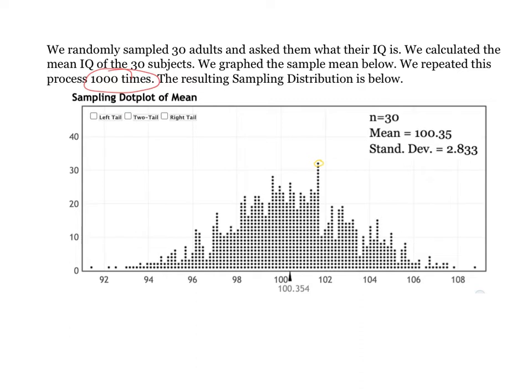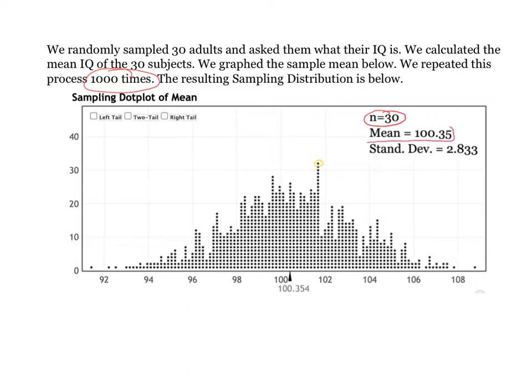Okay. So this is a meta-experiment, and the result is a sampling distribution of the sample mean below. Okay, so n equals 30 means that each sample was 30 people. And we got all 30 people's IQs, and then we averaged them out and put a dot on this graph. Okay, and we did that 1,000 times.